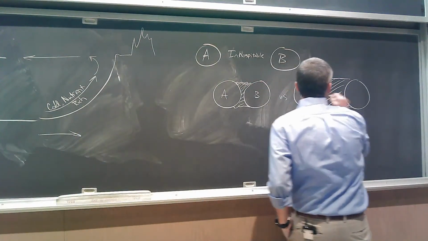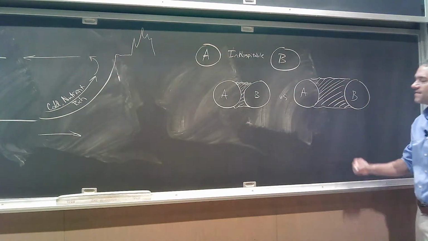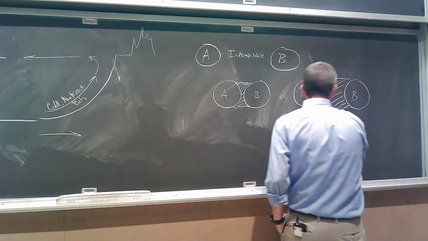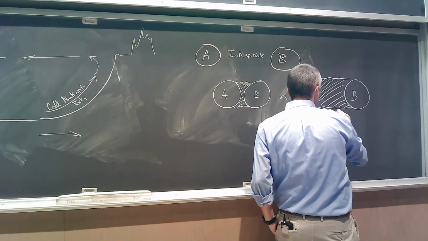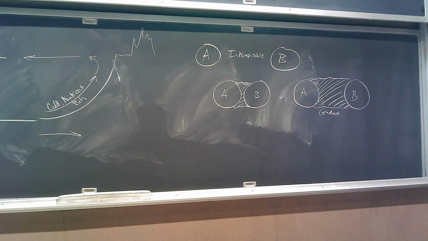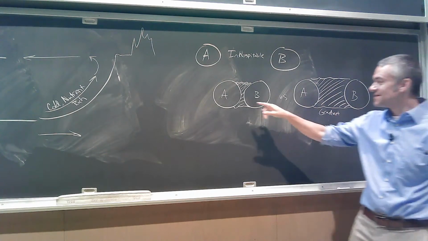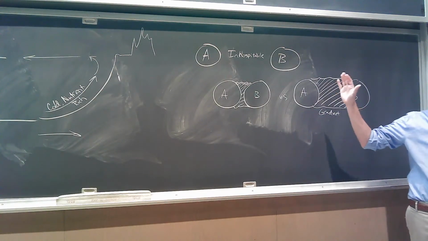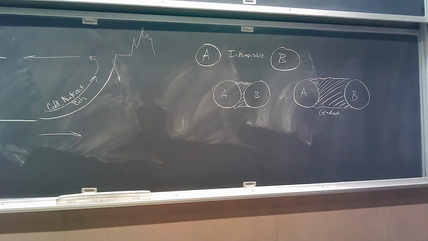But if we have something like this, what's going to often happen is we get a gradient between our patches. We have a very large ecotone. Our organism isn't going to see this abrupt change. As it travels, it sees more of a gradual change, and that gradual change starts to minimize the intraspecific variation that we see.